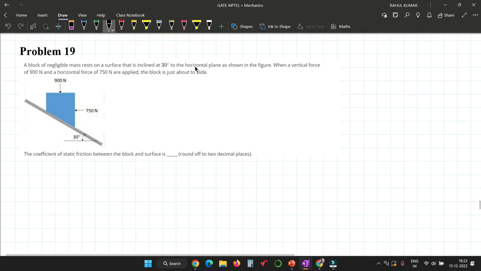It must slide down. What will be the answer?